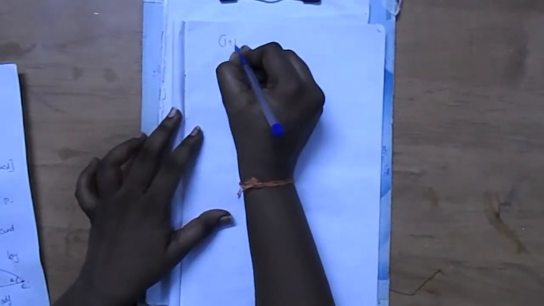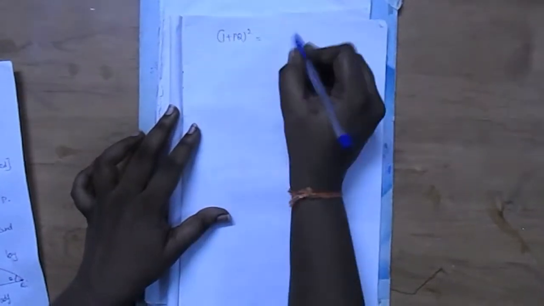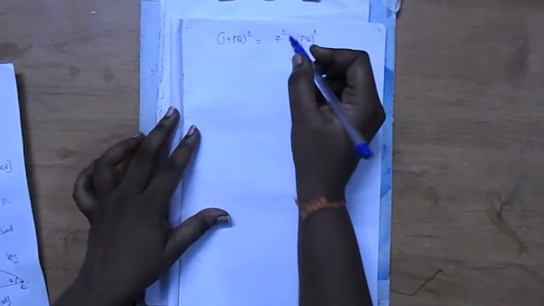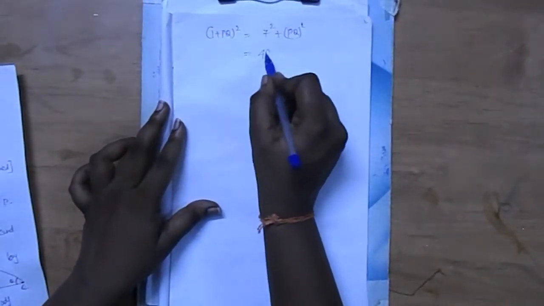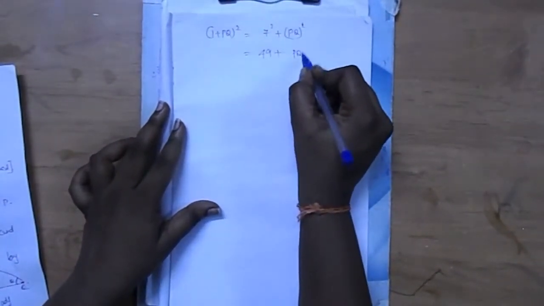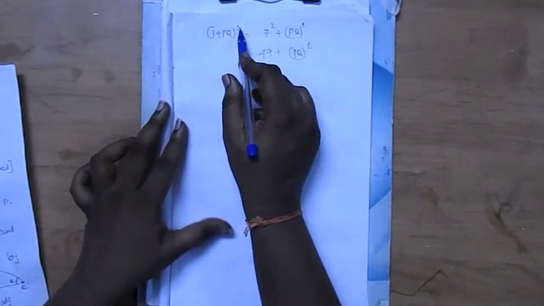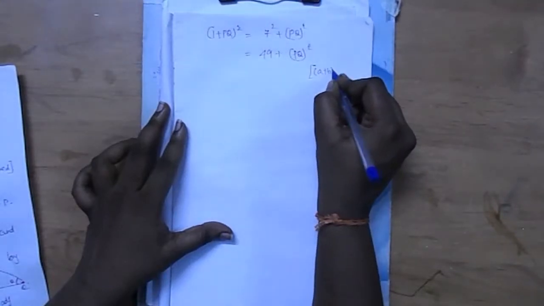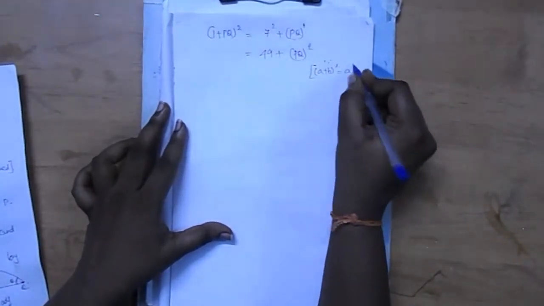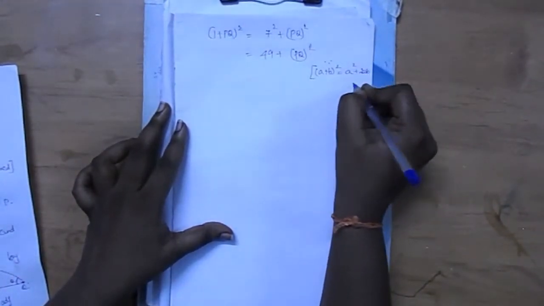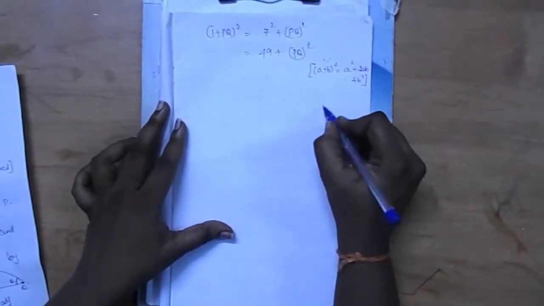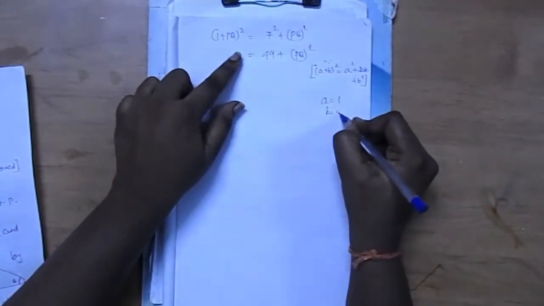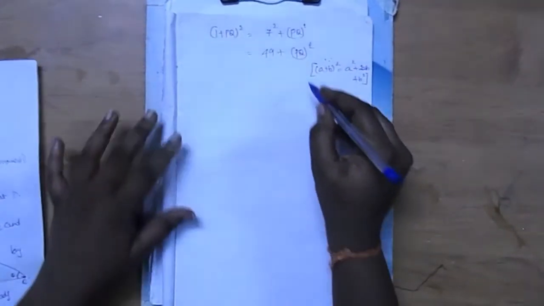This is the A plus B the whole square format. So, 1 plus PQ the whole square equal to 7 square plus PQ square, where 7 square value is 49 plus PQ square. Since A plus B the whole square equal to A square plus 2AB plus B square, where A equal to 1 and B equal to PQ, we apply.